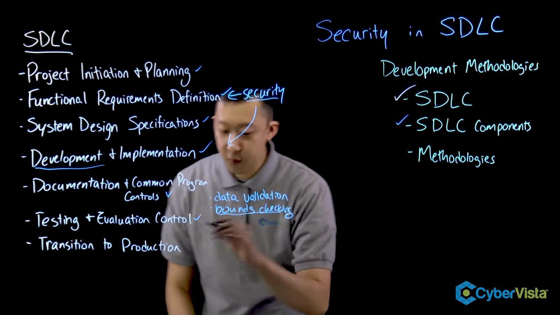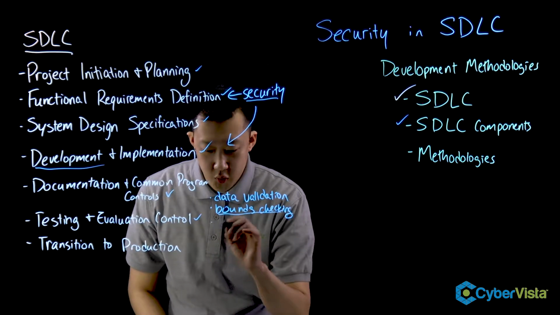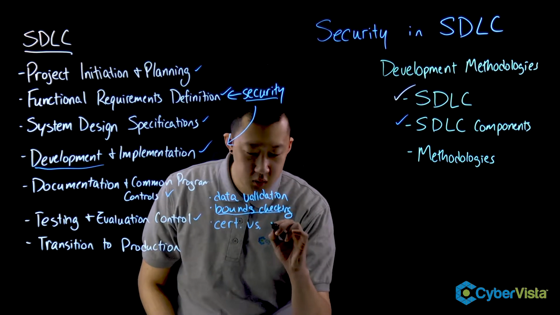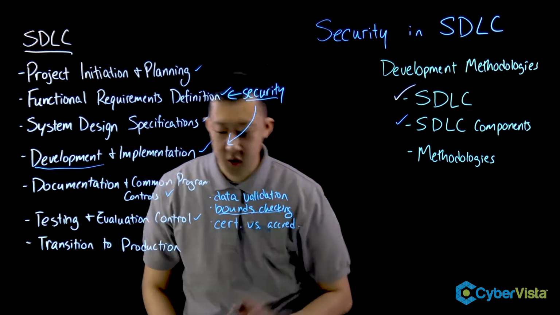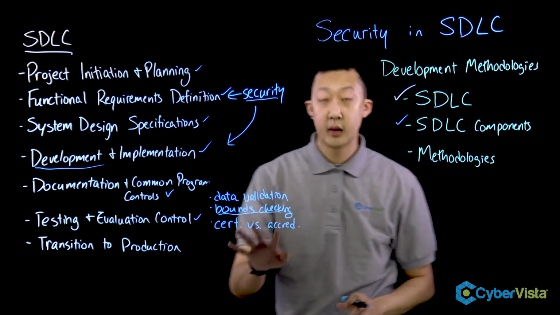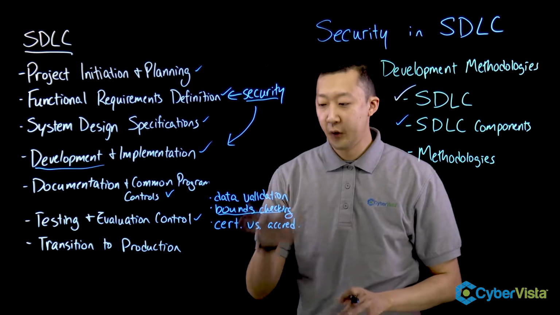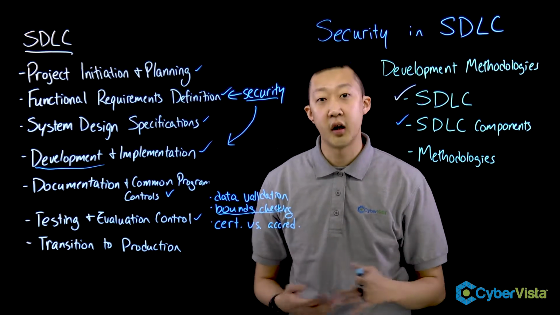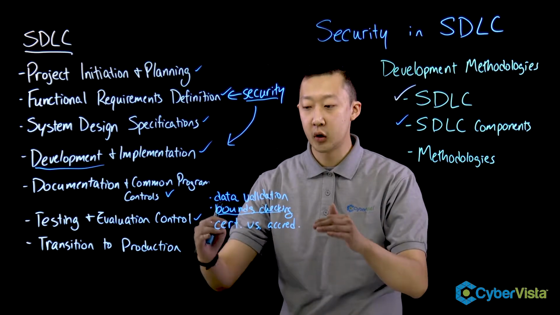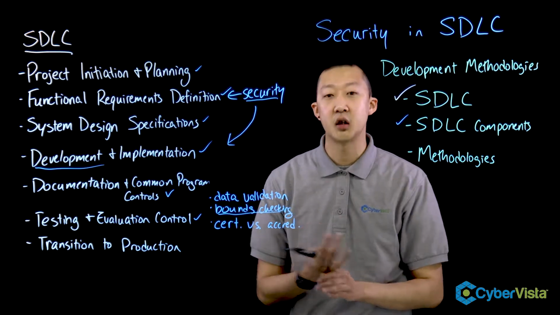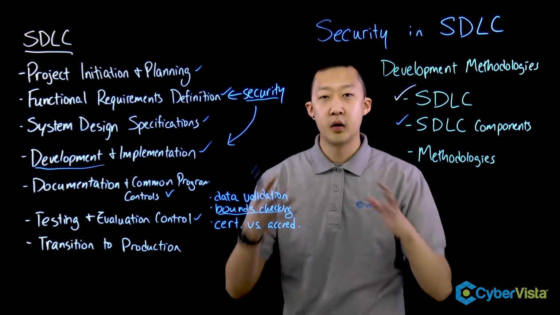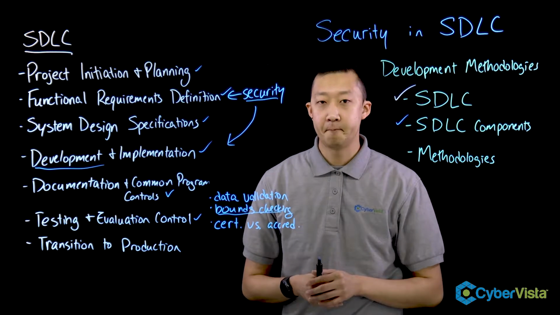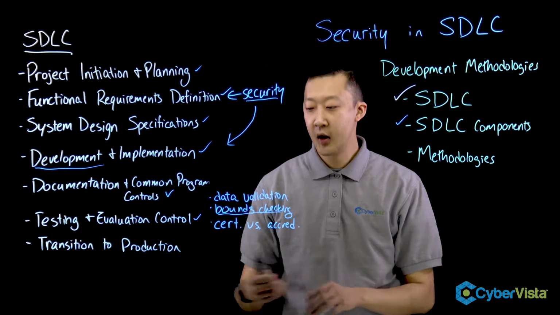And lastly, I'm just going to use short versions of these words, but certification versus accreditation. And we'll get to that in the next step. But for now, I want to cover what exactly certification and accreditation is. I'm not going to go in too much depth, but certification, in the most basic form, is internal. Right? I'm not going to stop there, don't worry.